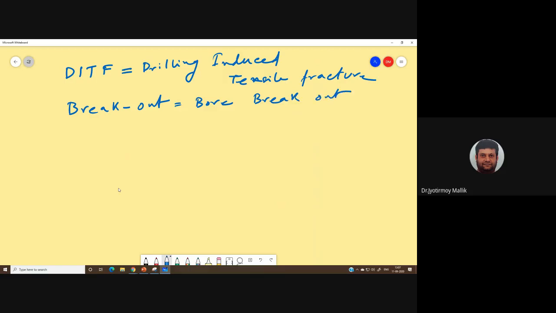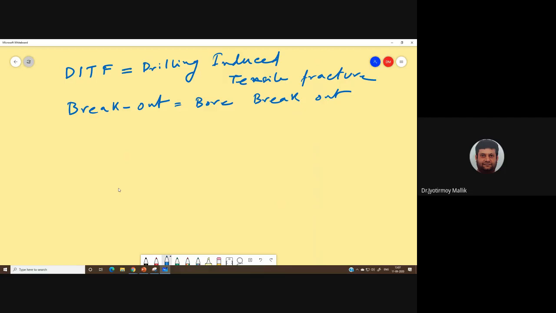Okay. Now, while drilling, I mean, leak-off test is a controlled thing, right? You are by yourself actually increasing the mud pressure so much that it crosses the fracture gradient and it creates fracture in the formation. Okay.